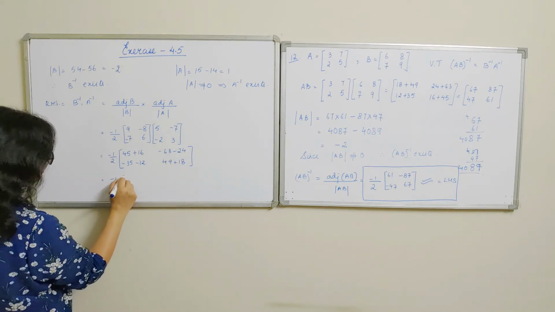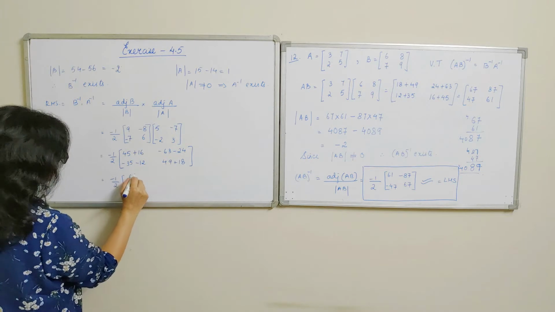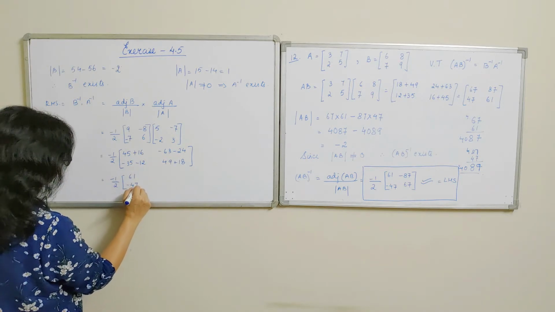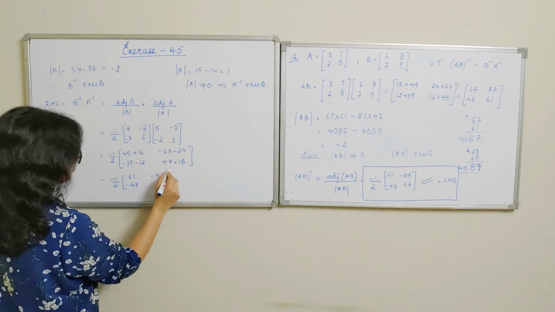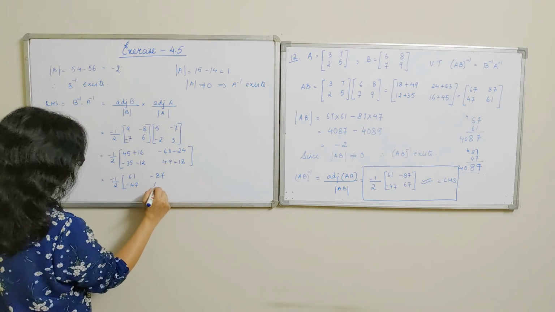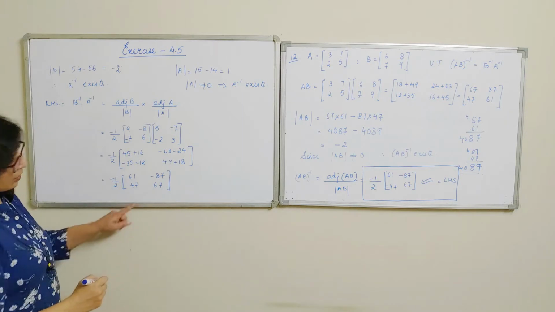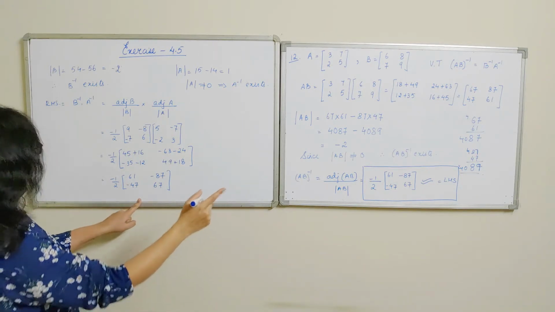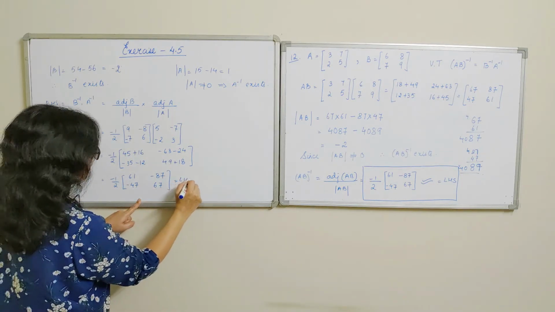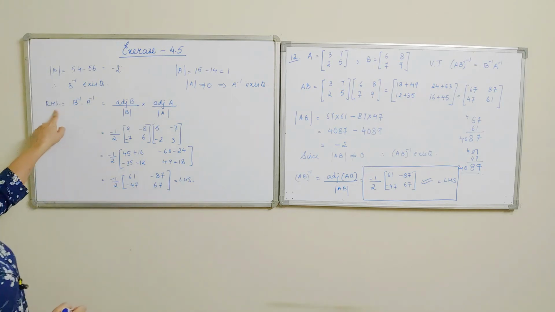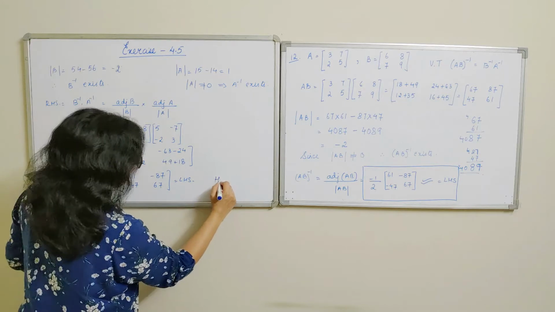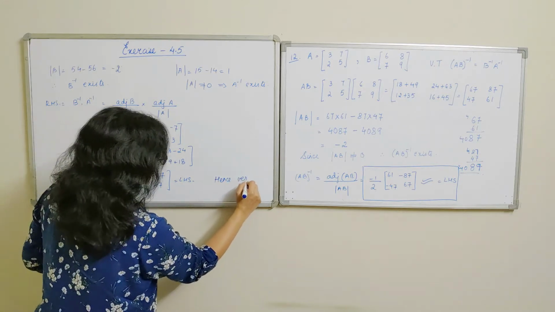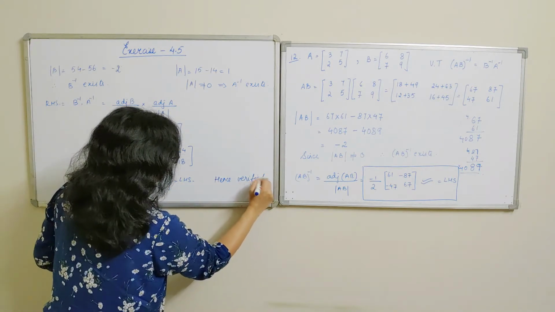So this is minus half, 61, this is minus 47, minus 87 and 67, and this is coming out to be same as the right hand side. So right side we have simplified, we are getting the same result as left hand side, hence we have verified the result.